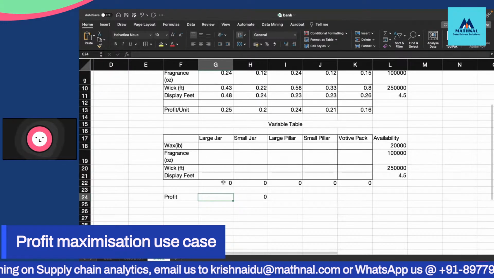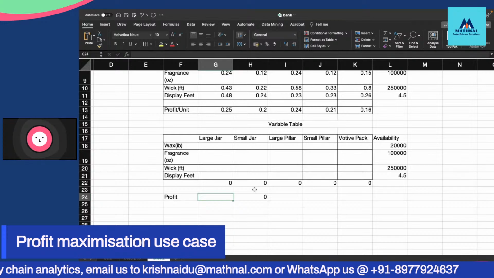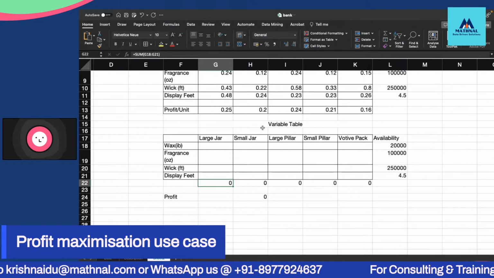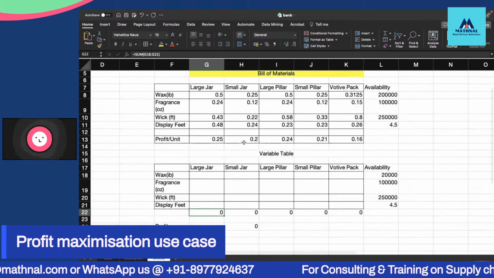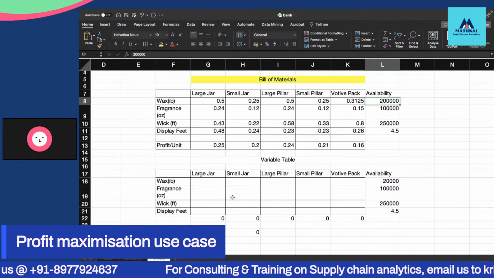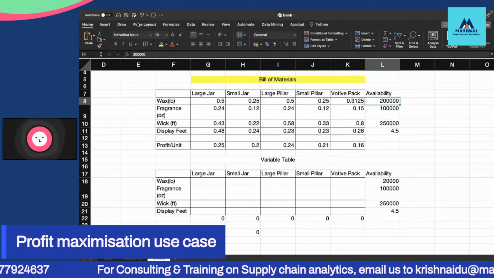We are going to multiply the number of products with the profits, and what we are going to understand is how many products we are going to make with the availability. So let's create the solution now.